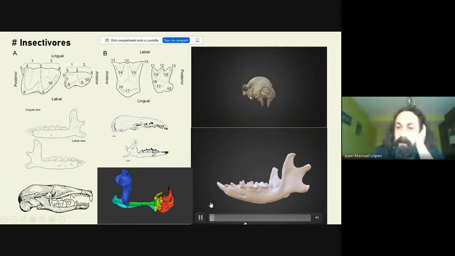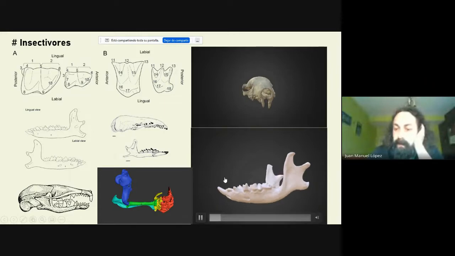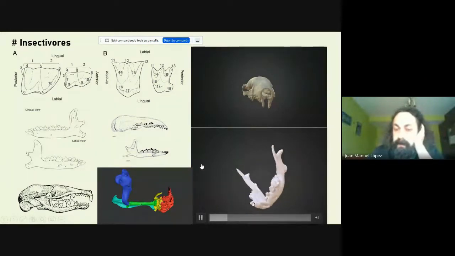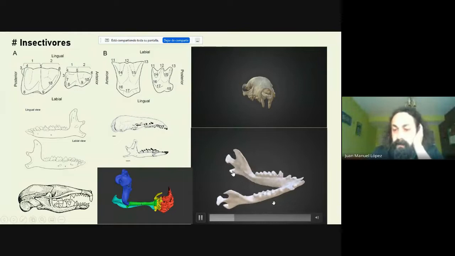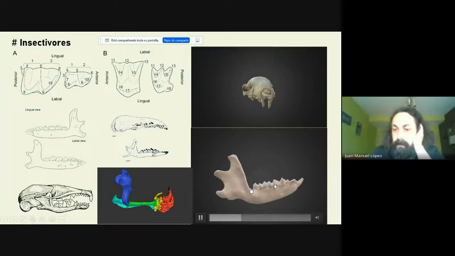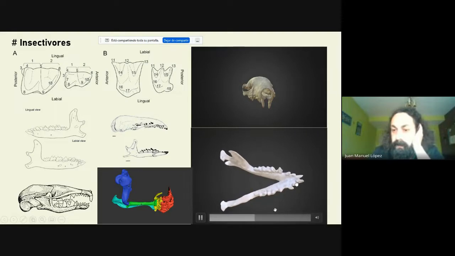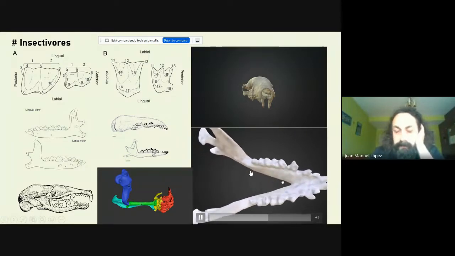Here you can also see the mandible of an Erinaceus, with all the incisors, canine, premolars, and molars.